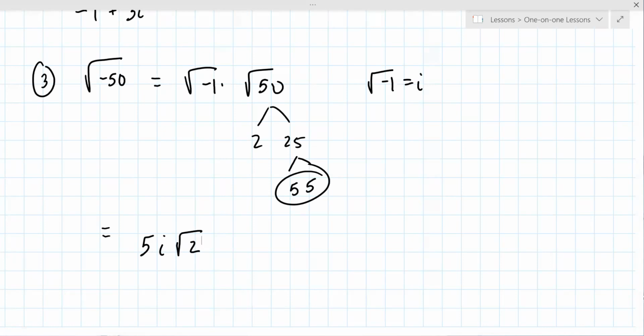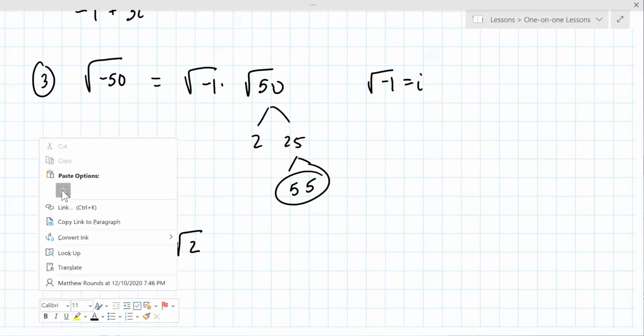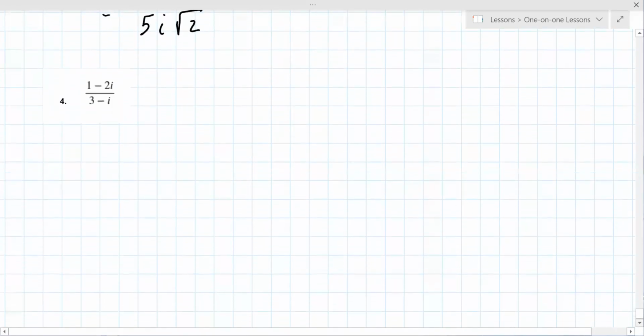All right. Number 4. Number 4 is the classic exam question. It's definitely the one that you're most likely to see. You have to know to multiply the top and bottom by the conjugate. I'm writing down the conjugate here. It's the change in operator. If it's a subtraction, it becomes an addition.